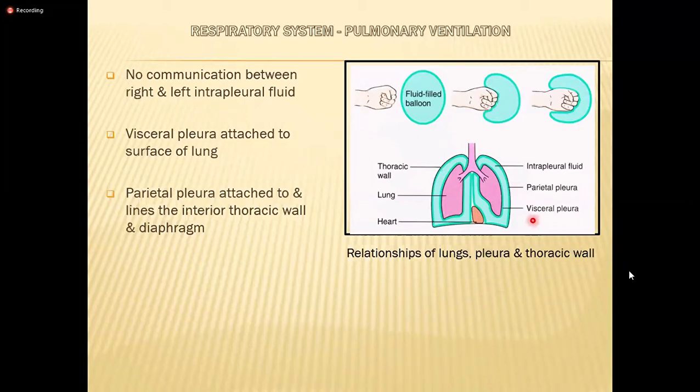There's just a potential space at first. When they slide together, they actually come in contact, but there is a potential space here, so that when there is a pathology, this can be filled with fluid. Your space between the parietal and the visceral pleura.